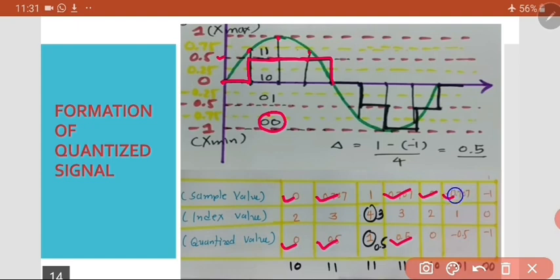For the 0.707 you have the quantized value of -0.5, which is over here, so you can see we extend it for that -0.5 quantized level. Then it goes to -1, which has the quantized value of -1, which is over here, so it will be extended like that. So how it is formulated you can understand very well.